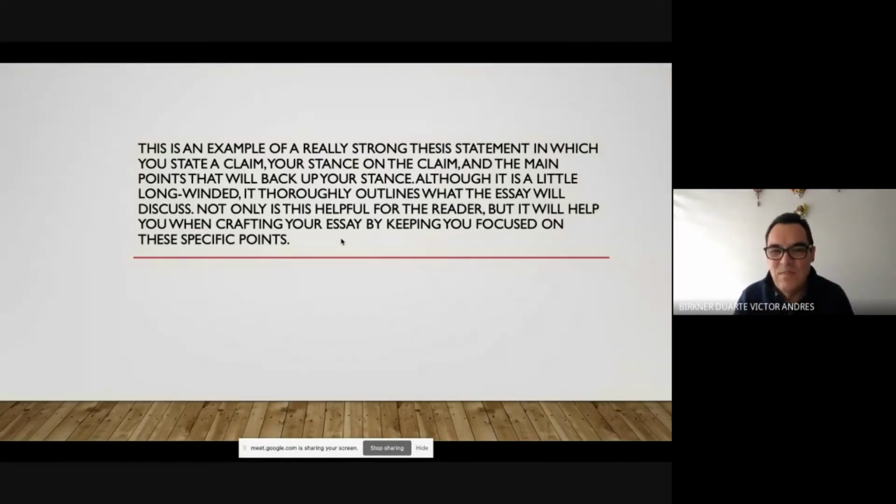And at the same time, when the reader reads your thesis statement, they will make a prediction of what the rest of the essay will be about. So in this case, the third strategy is an invitation for the reader to continue reading, right? The other ones are good, but they don't invite the reader, they don't engage the reader to move on with the rest of the essay, right?